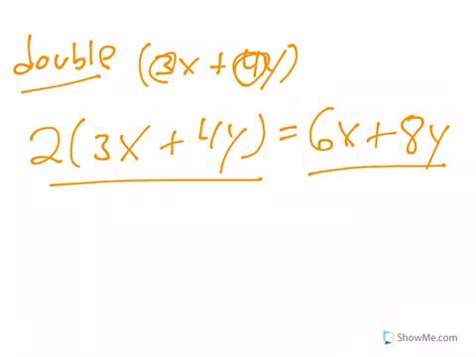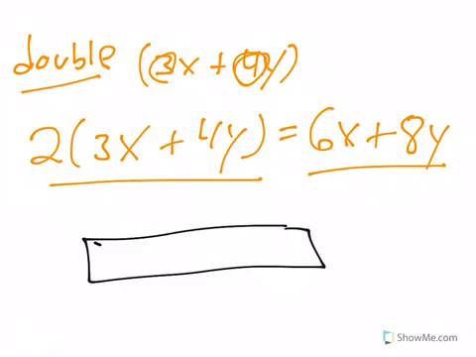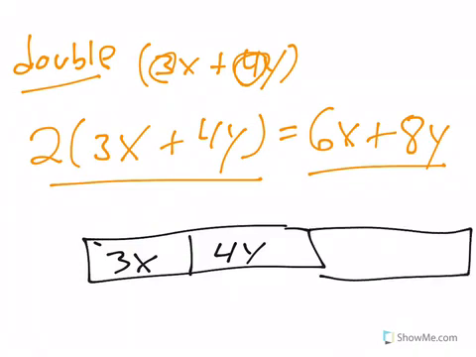All right, let's make a model here. We're going to say this is 3x and this is 4y. Now if we want to double that, that would mean we'd have to have another 3x and another 4y. So we end up with our model here. Now, can we combine like terms like we did in the last one? Sure we can. The x's and the y's can go together. And so we'll have something more like this.